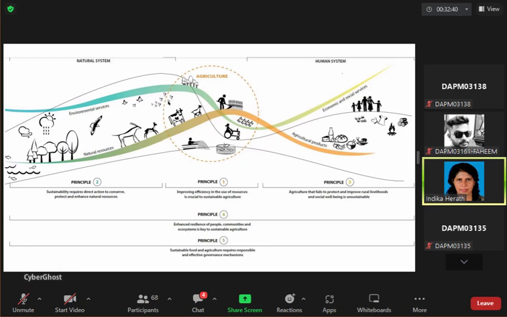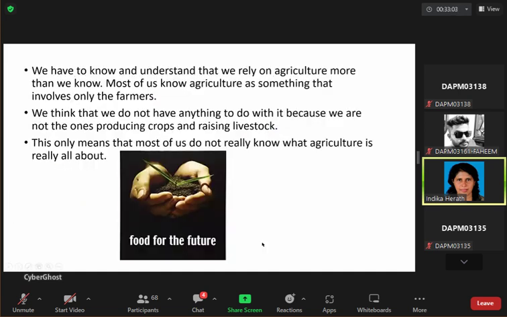So in this intermediate process, we bring the natural system, but in a way that we want. That means there is the involvement of human and natural. There are some properties of the natural system. We have to know and understand that we really need agriculture.